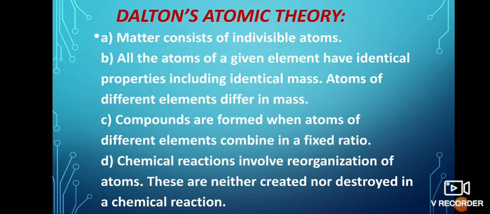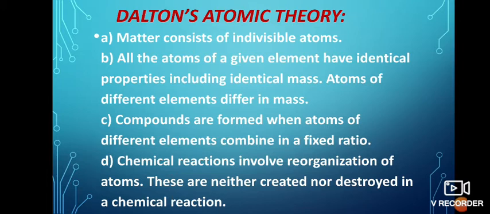Now the next topic is Dalton's atomic theory. There are some postulates of this theory. The first one is matter consists of indivisible atoms. Second, all the atoms of given elements have identical properties, including identical mass.